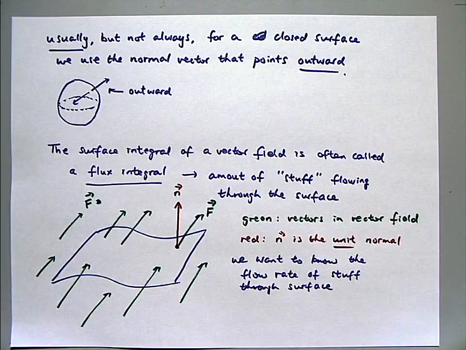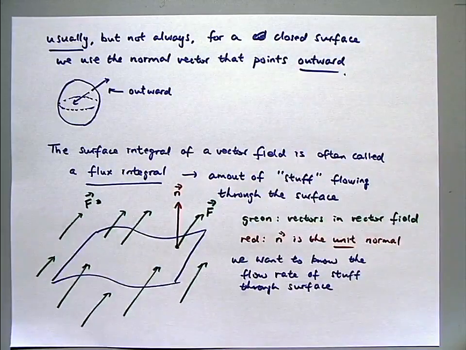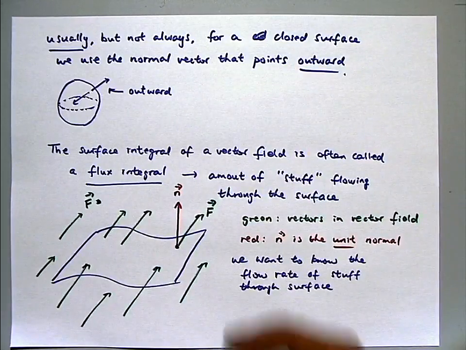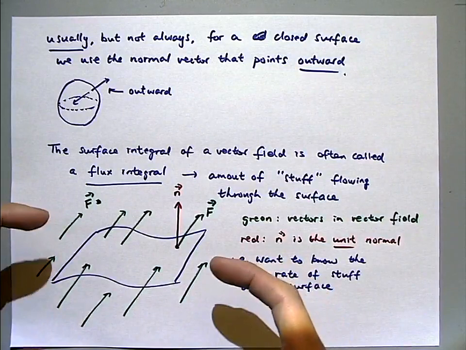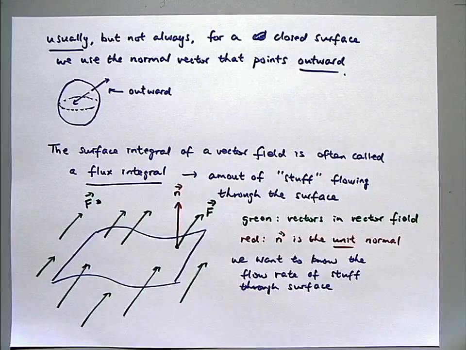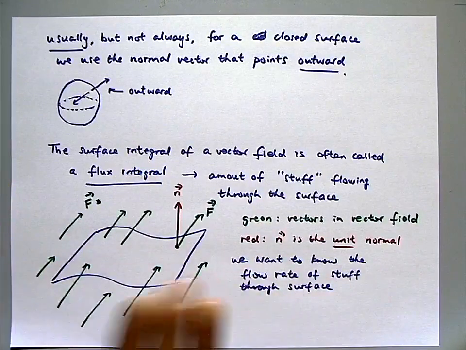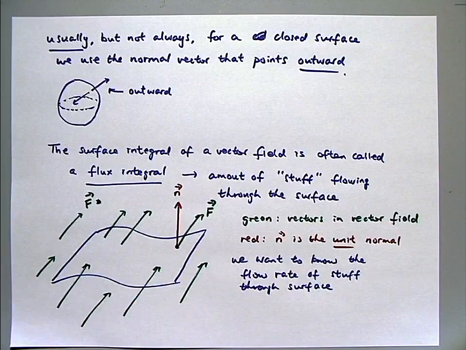It doesn't change the flow. And imagine these green arrows indicate the flow of water, of whatever. We want to know that this surface sitting in this fluid here, over time, how much of things are going through that surface. And of course, we only care about the parts that's actually going straight through the surface. Any part that's parallel to the surface is not going through it. We don't care about it.